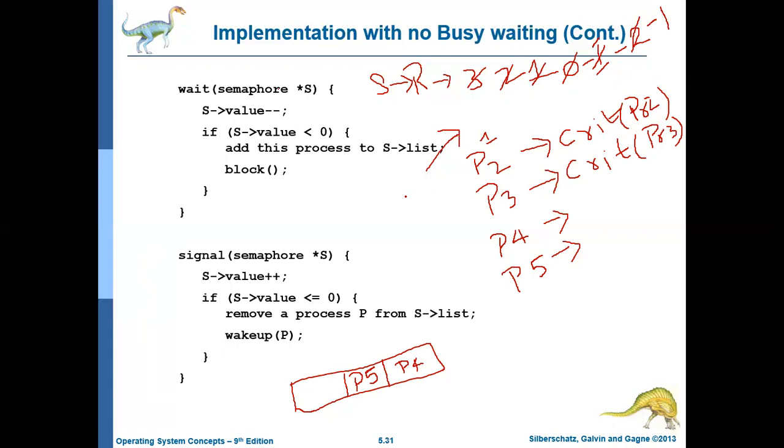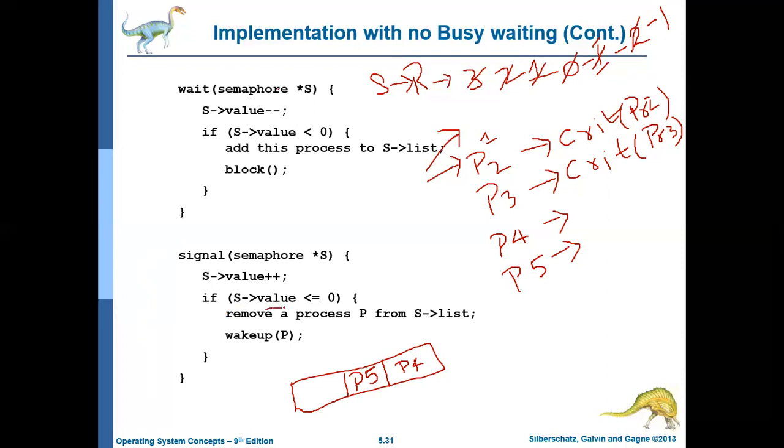Say now P2 has also completed, finished its task. Sorry, say P1 has finished. So P1 has incremented -2 to -1. Then again it checks whether the value is less than or equal to 0 or not.